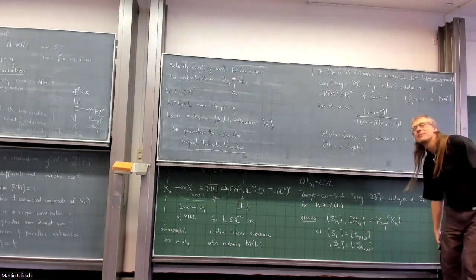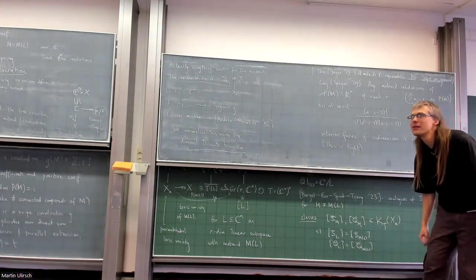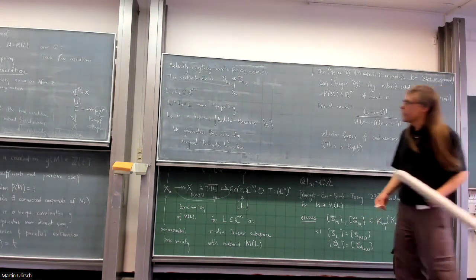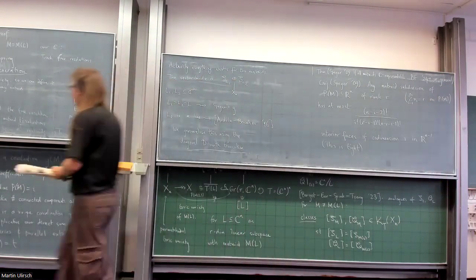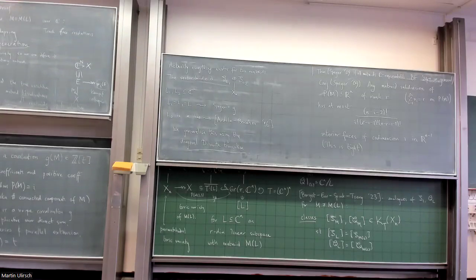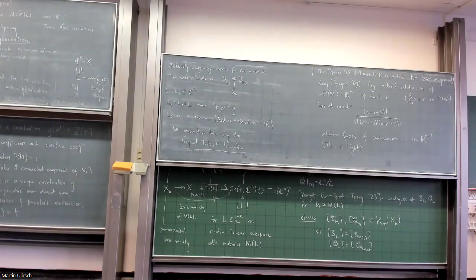Yes, okay. So there are these valuative relations that I gave like this. You could just look at the group generated by all matroids and then mod out by the corresponding relations, right?